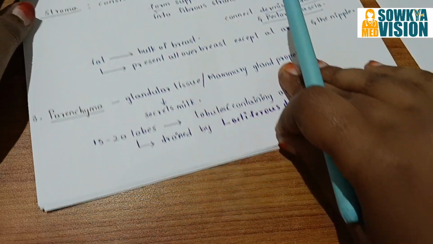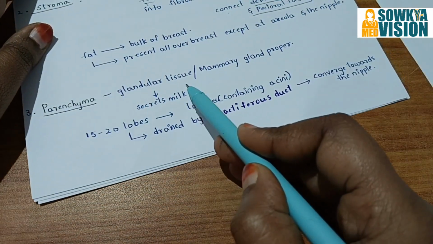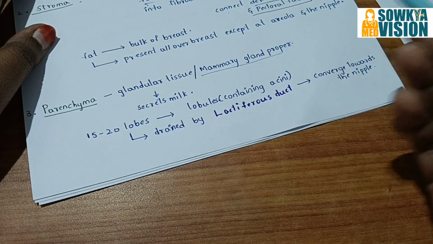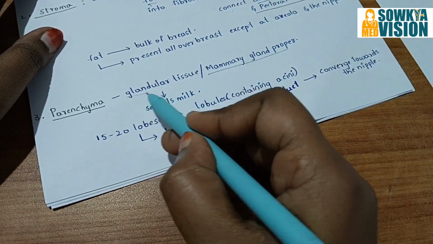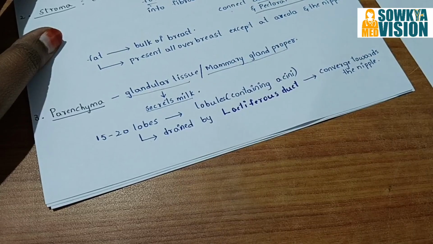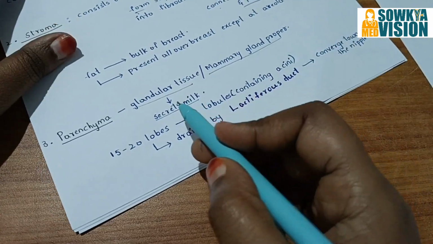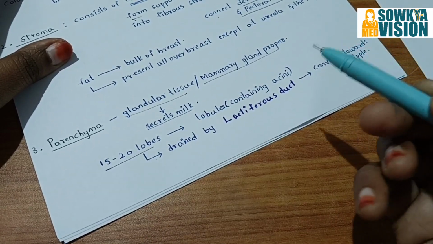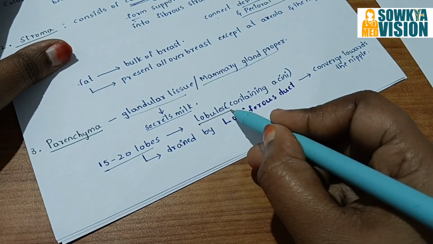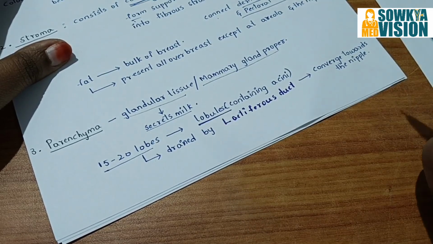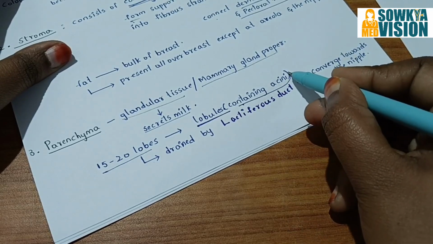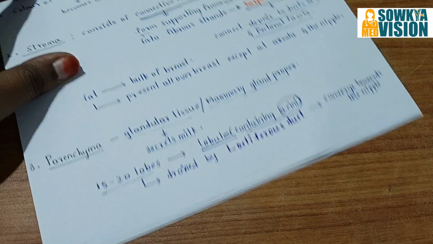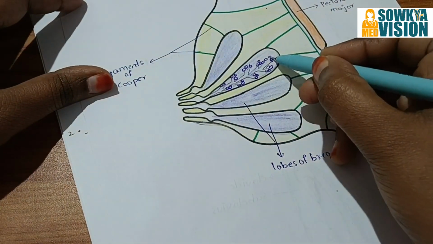Let's see the parenchyma, the glandular tissue or mammary gland proper. This glandular tissue secretes milk. The parenchyma contains 15 to 20 lobes. Each lobe is divided into lobules, which contain clusters of acini. See, this is the cluster of acini.